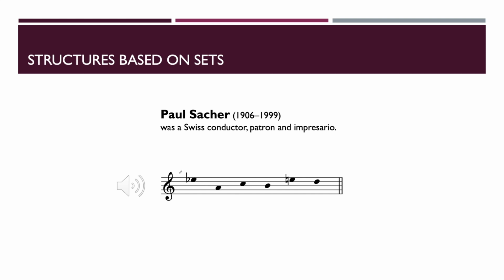Paul Sacher, a Swiss conductor, patron, and impresario. And this is the so-called Sacher hexachord. Why Sacher hexachord? Because it is made from the letters of the name of Sacher. S with an E added before the S, it means E flat in German.